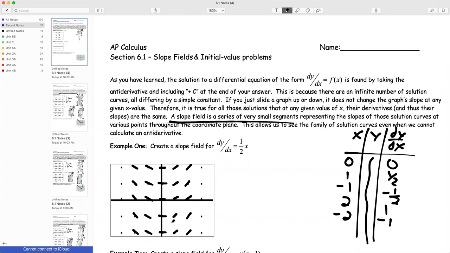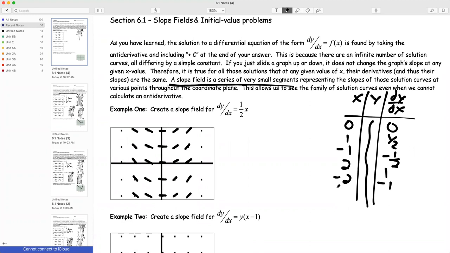And the last two here, if I plug in 3 for x, I get a slope of 3/2. And so again, I can start at this top dot and go down 3 and back 2. So 1, 2, 3, and back 2.